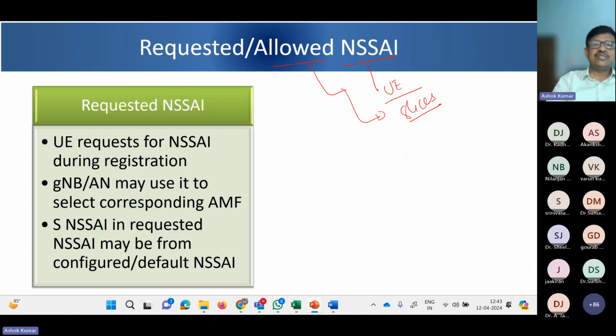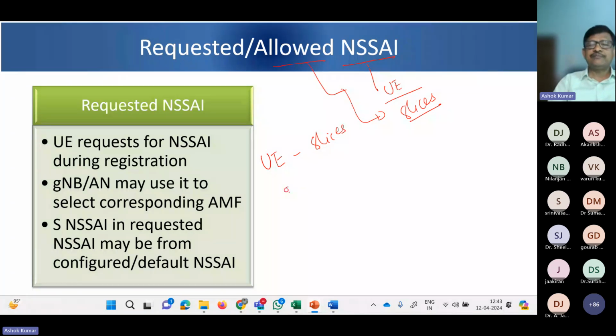So what is the requested one? The requested one is that during registration, the UE is requesting a set of slices which it will be accessing over a period of its active lifetime.